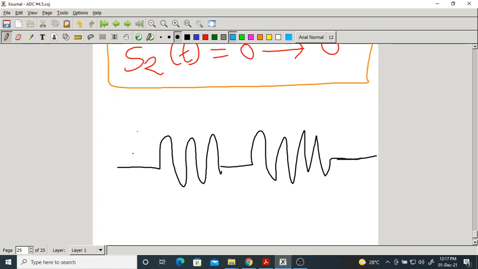Whenever there is a change in the bit, there is a change in the amplitude. Here the amplitude is 0, here some amplitude. So we distinguish bits with the amplitude of the waveform. If the bit is 0, nothing is transmitted. If the bit is 1, we transmit a waveform.